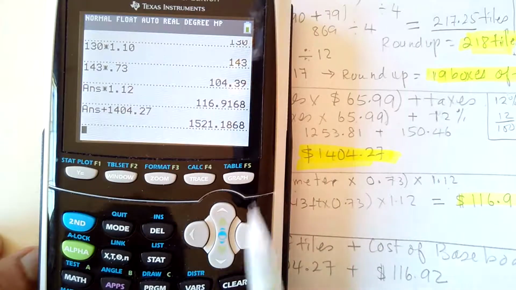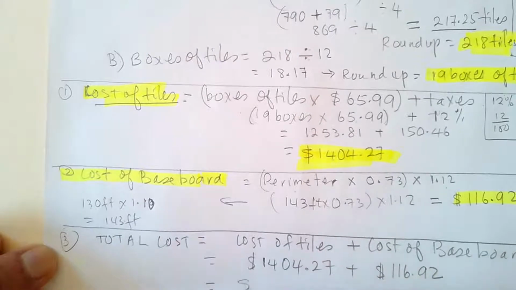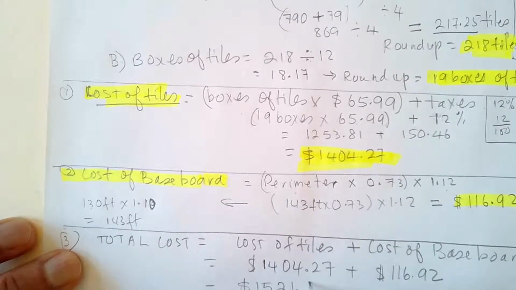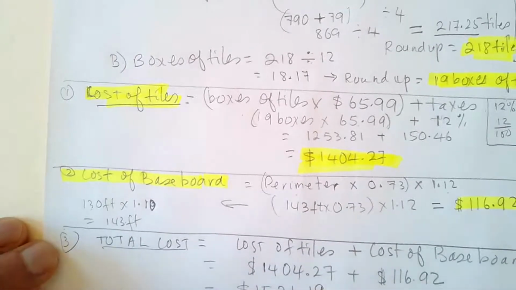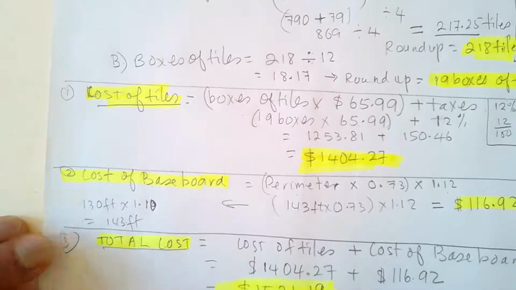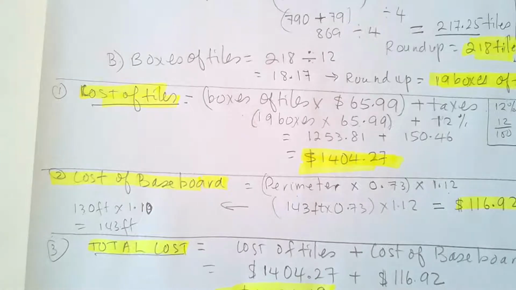So I'm rounding up. 1521.19. So we highlighted that, total cost. These questions take a while, so be patient.